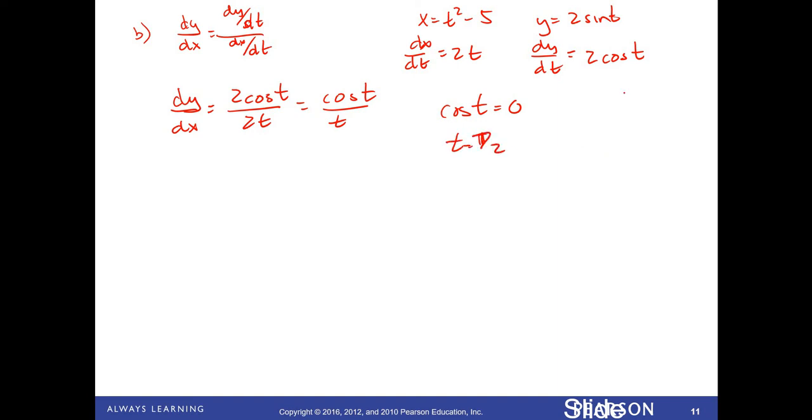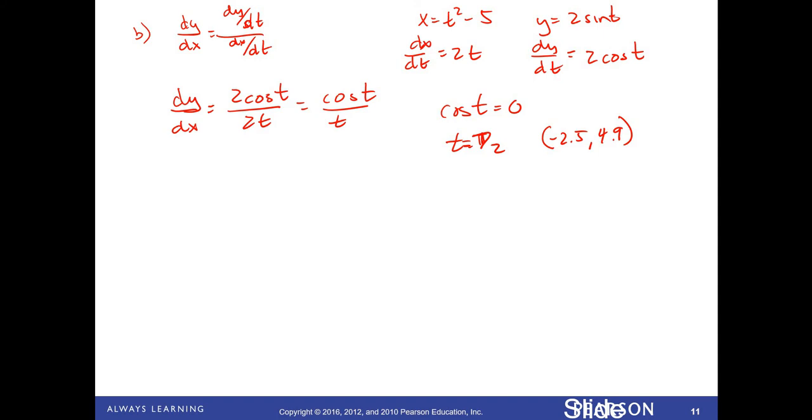Now, plugging that into my calculator, and we did this on the last slide, when t is pi over 2, I get the ordered pair negative 2.5, comma 4.9.